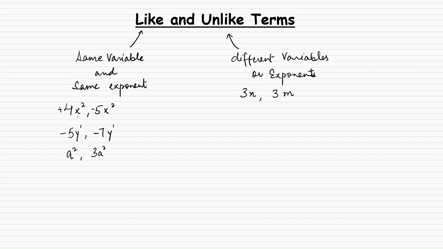We are looking at variable part n, m. They are different, they are unlike. Y square, x square. Different variables, even if the exponents are same, doesn't matter. The variables are different, so this makes them unlike. Negative 4a, negative 4b. Different variable, here a, here b, so they are unlike terms.